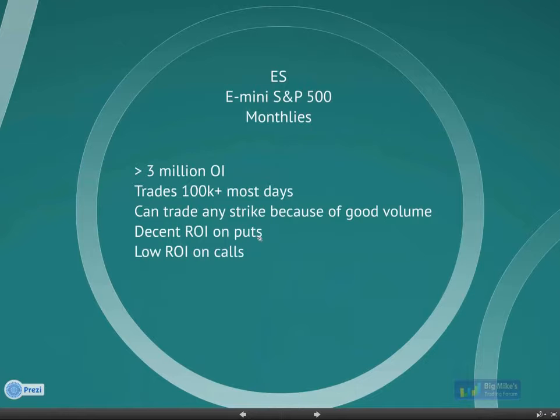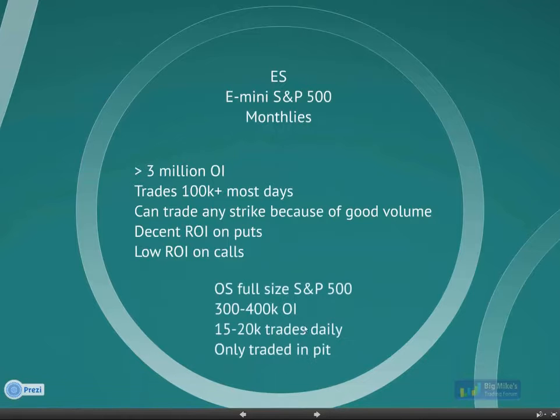There's decent return on investment on puts because the premium is kept a little bit higher there and further out, because people are more worried about the stock market going down than making a quick move up. Thusly, there's a low return on investment on the calls, and you can't get as far out of the money on the calls.